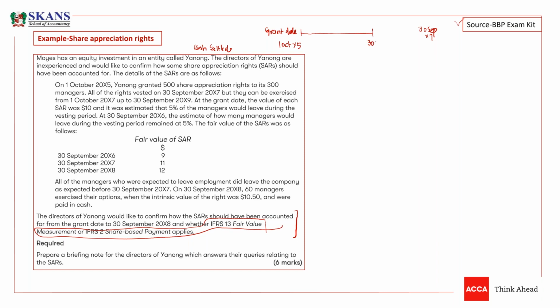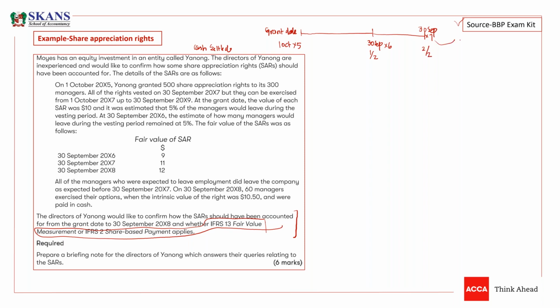The first year will end at 30th September X6, and the second year will end at 30th September X7. So we have a vesting period of 2 years. So we need to charge the remuneration expense, service expense over 2 years. Here I'm going to use the time ratio 1/2, and here I'm going to use ratio 2/2.